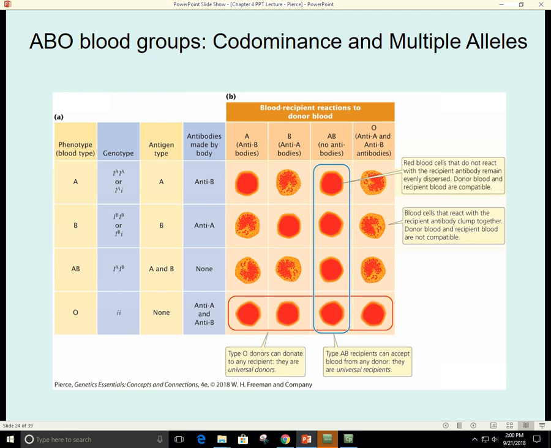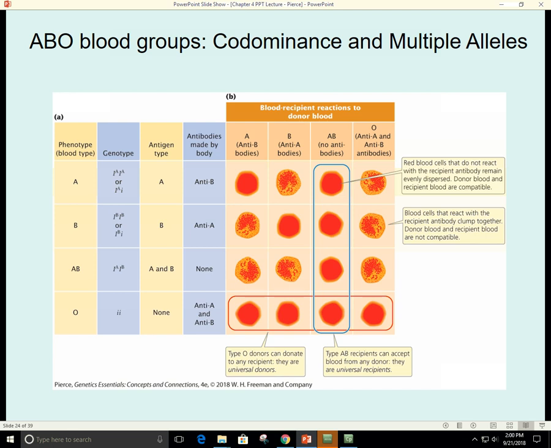So any new mutation of a gene is considered a different allele. Now, some new alleles don't create new phenotypes, but they're still alleles if they're a change in the genetic sequence, the A's, the T's, the C's, and the G's of the gene.